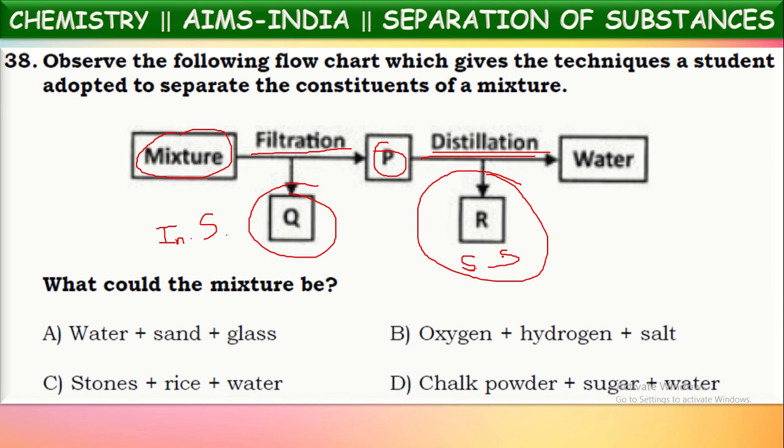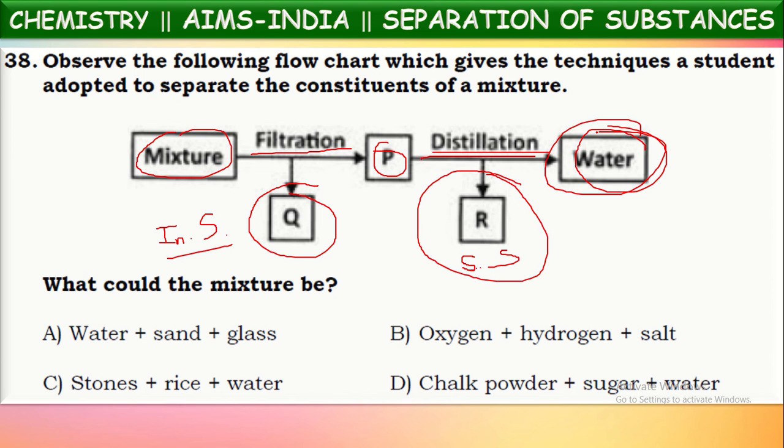Then on the distillation process it will be separated, and finally what remains is water. So from water, a solid substance is separated by distillation, and another solid substance is separated by filtration. Now one should be a solid substance which is soluble in water, the other should be a solid substance which is insoluble in water, and the third substance itself is water.